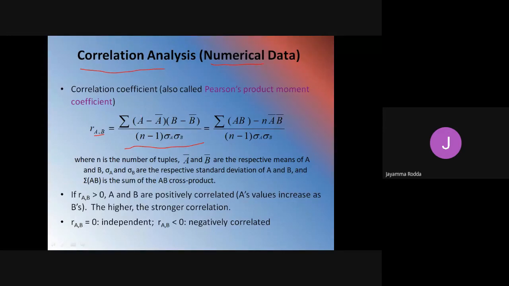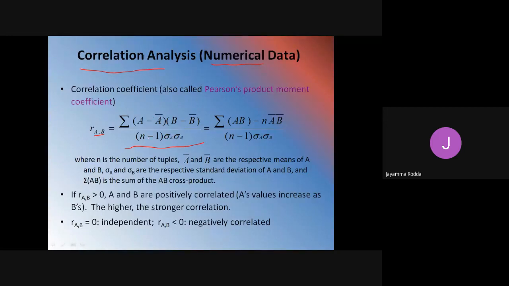Okay. So now what will we do? A is the attribute, B is another attribute. Both of them we will be considering. Both of them store the same kind of values. They are the same attributes from two different tables. A dash and B dash are their respective means: A's mean is A dash, B's mean is B dash.